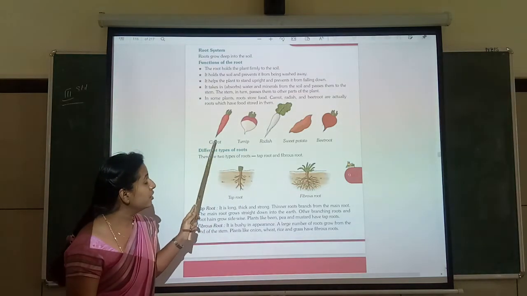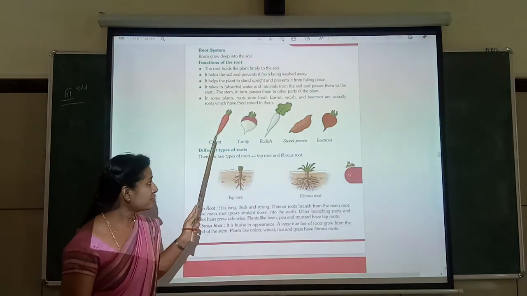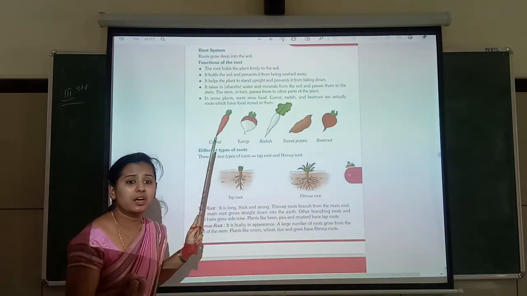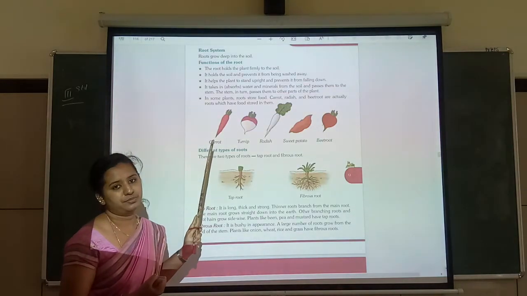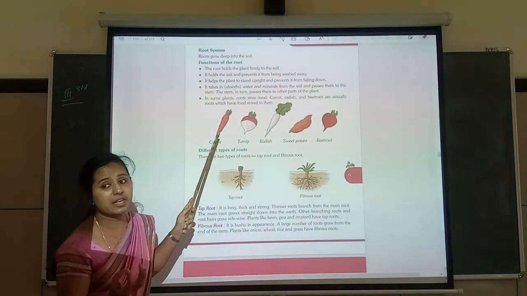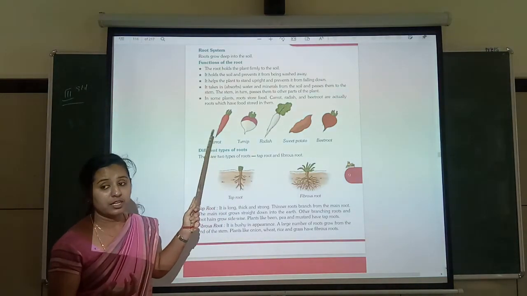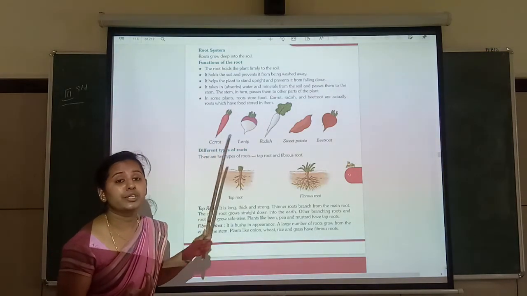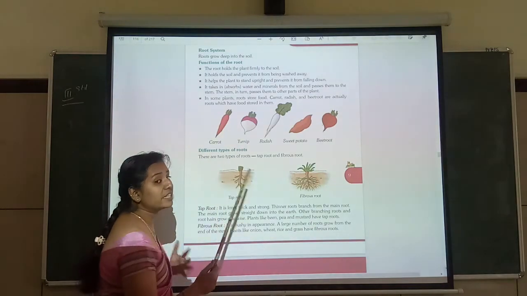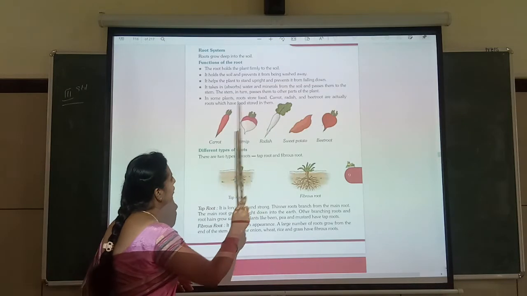So these roots we eat as vegetables, and these vegetables store the food. All the food, energy and minerals have been stored in these vegetables, like a root. Which roots do we eat as vegetables? Carrot, turnip, radish, sweet potato, beetroot.